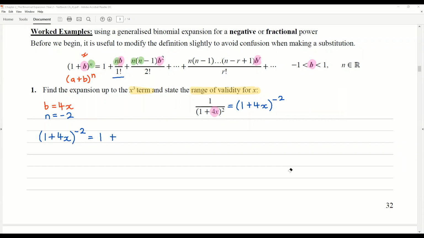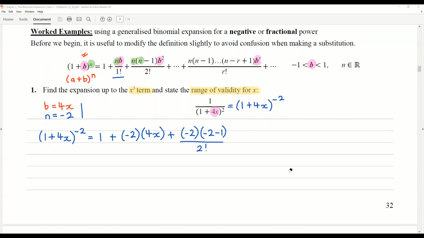So n times b, so I have to multiply these two things together. So it's going to be negative 2 multiplying 4x. Okay, I won't bother with the 1 factorial on the bottom. Plus negative 2, now it's n subtract 1, so that's negative 2 subtract 1, over 2 factorial.